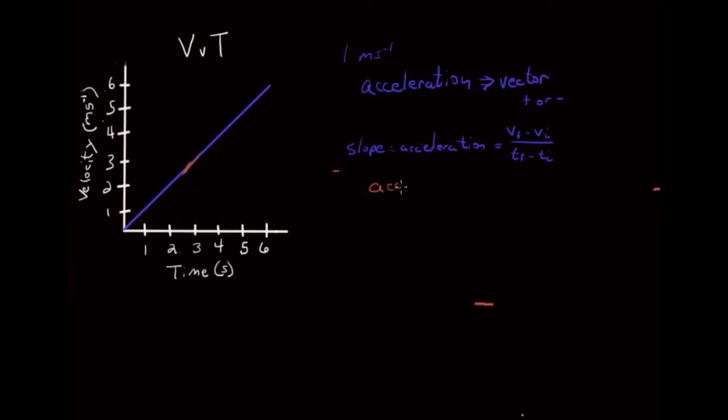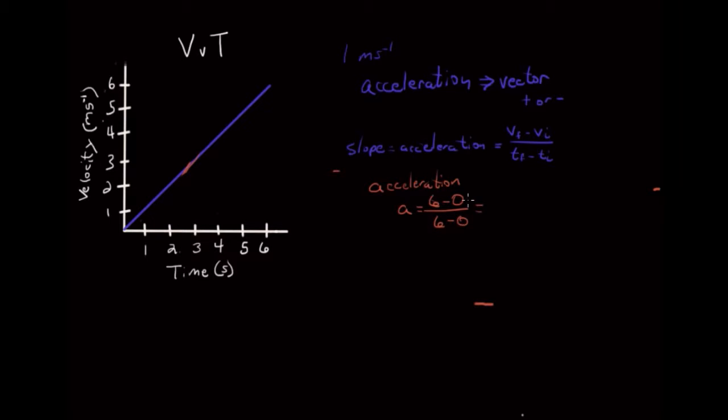All right, acceleration. And I'm going to save time. I'm going to just call it A. 6 minus 0. I know it looks very much like our distance versus time, but that's just because I'm using the same number line here. 6 minus 0 for the time.